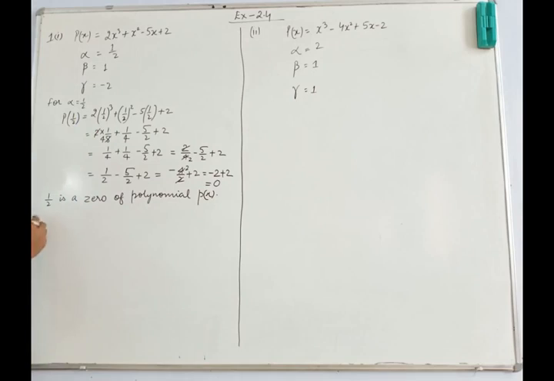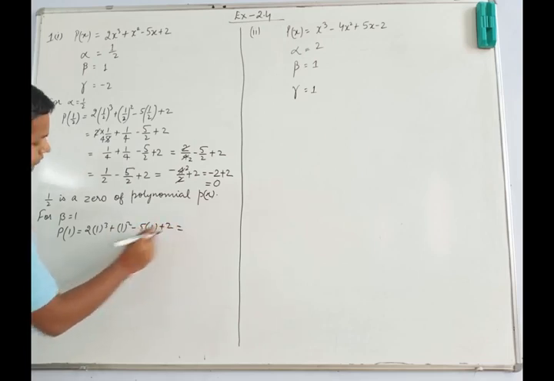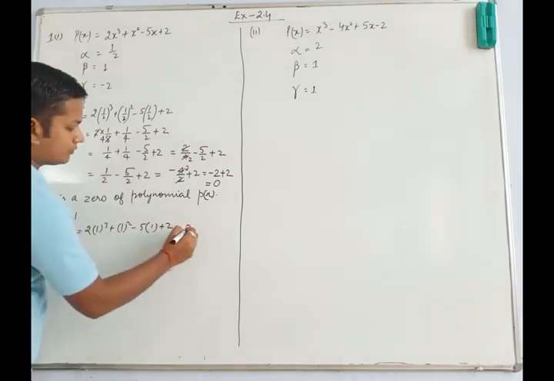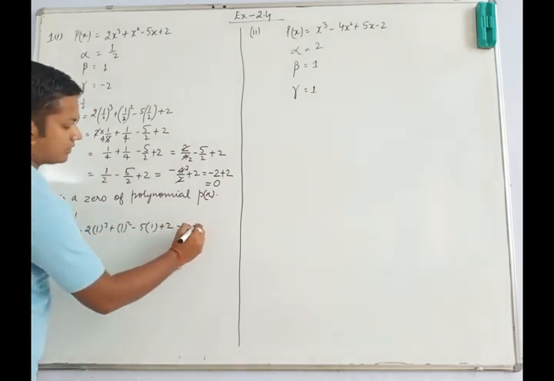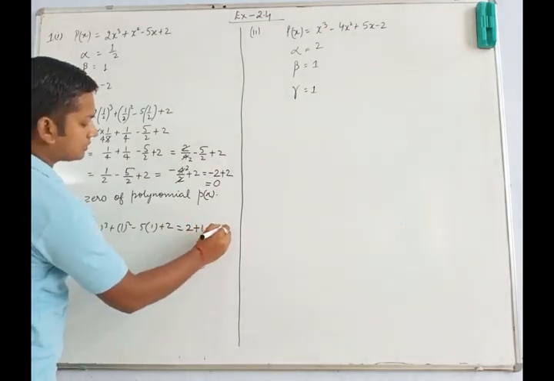Now for beta equals 1. So p(1) = 2(1)^3 + (1)^2 - 5(1) + 2. 1 cube is 1, so 1 into 2 gives 2, plus 1 square that is 1, minus 5 into 1 that is minus 5, plus 2.